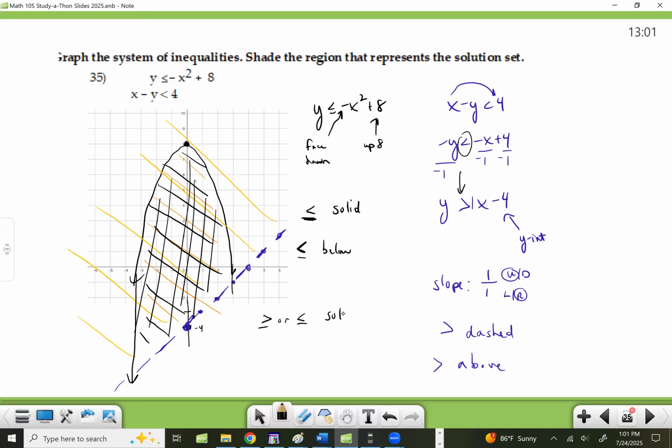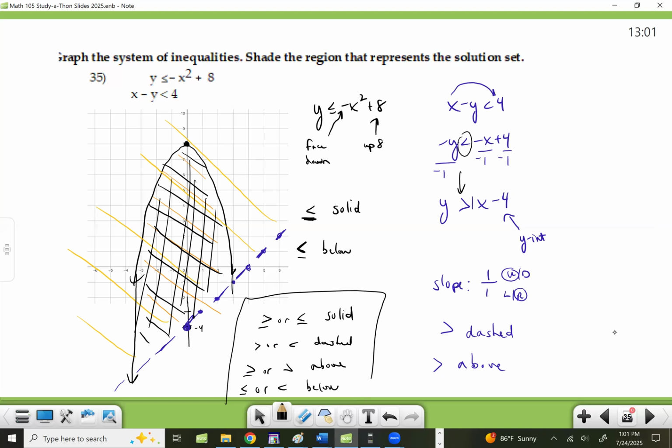It's going to be a solid line with the equal to. These without it will be a dashed line. Greater than or greater than or equal to means you're going to be shading above. And less than or equal to or less than means you're going to be shading below. This might be something you want to have in the cheat sheet if you don't already have that memorized.